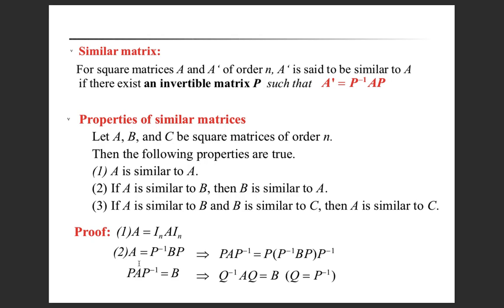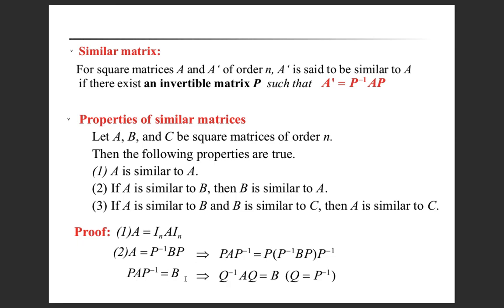If A is similar to B, then we can write A equal to P inverse B P. If we pre-multiply by P and post-multiply by P inverse, we get P A P inverse equal to P P inverse B P P inverse. And P P inverse is nothing but the identity matrix, and the identity matrix multiplied by any matrix is the matrix itself.